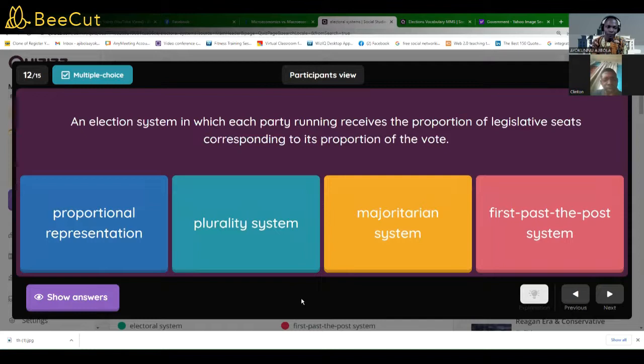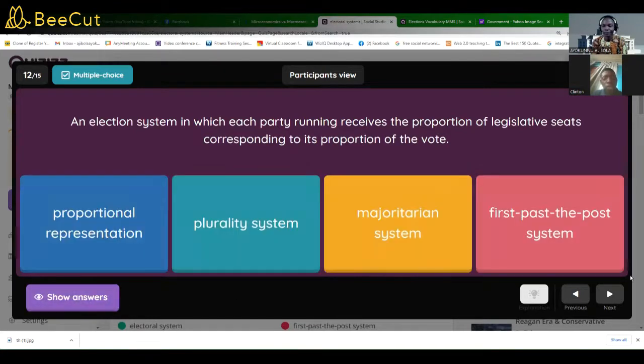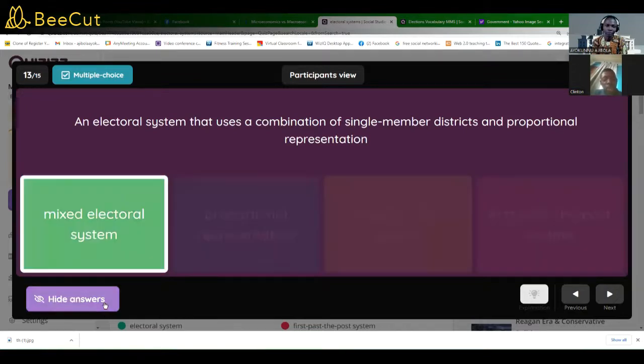Proportion of the vote, yes. Proportional representation. That's correct. Okay. An electoral system that uses a combination of single-member district and proportional representation is a mixed electoral system. Right.